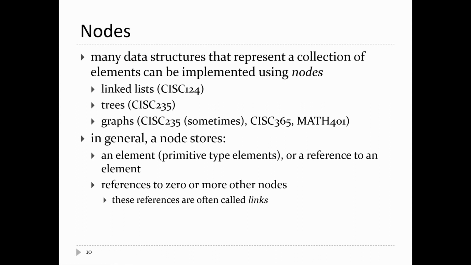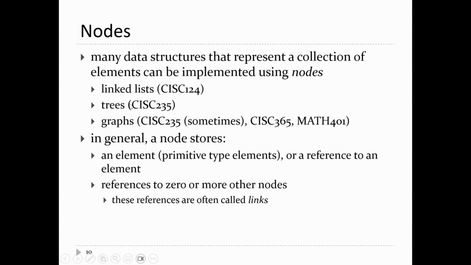And so many data structures will represent elements of a collection using nodes. So if you've taken, I think most of you have taken CISC124, there you should have learned about trees. In trees, you would have been told that they're a collection of nodes or vertices joined by edges or links.